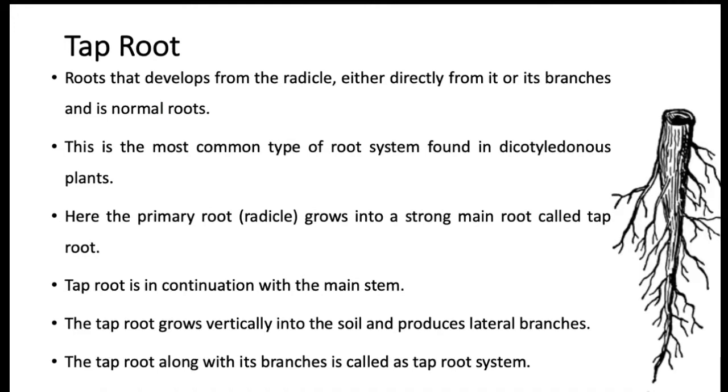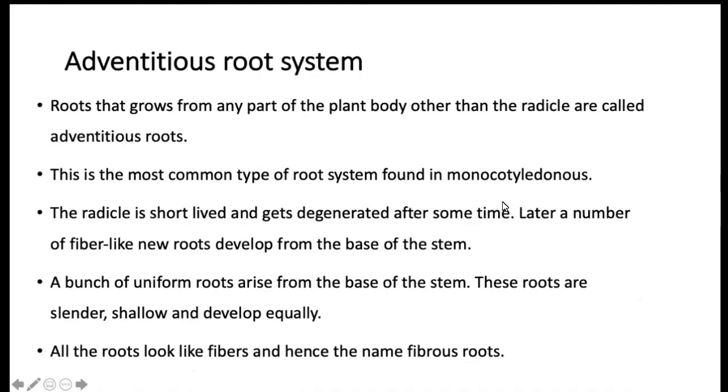So they are roots, not root hairs. Root hair develops from maybe the primary, secondary or tertiary root, when the epidermis, the outermost layer of the root, extends, one cell extends somewhere. This part is called root hair.